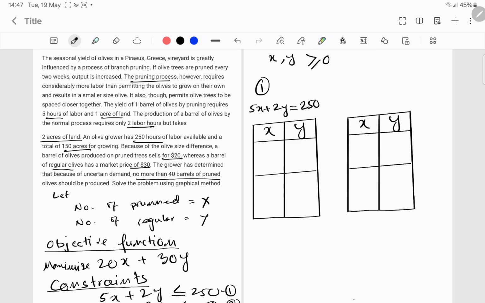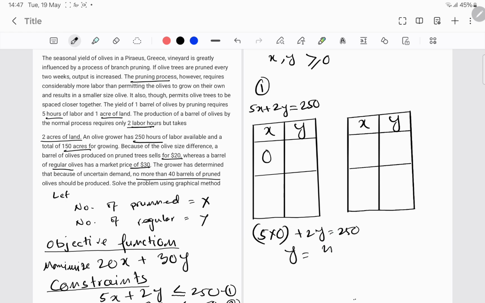The easier way to find the coordinates is to make one of them 0. There are two variables, x and y, so make each of them 0. So first make x 0. Say we assume that x is 0. When x is 0, let me show you the calculation. That will be easier for you. 5 times 0 plus 2y equal to 250.